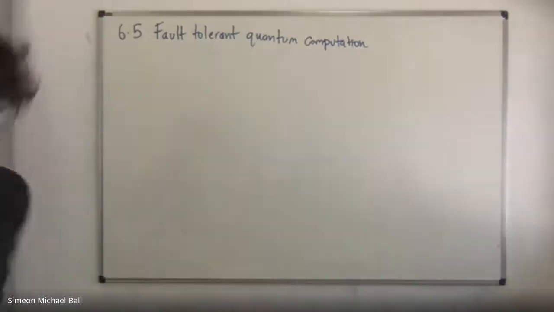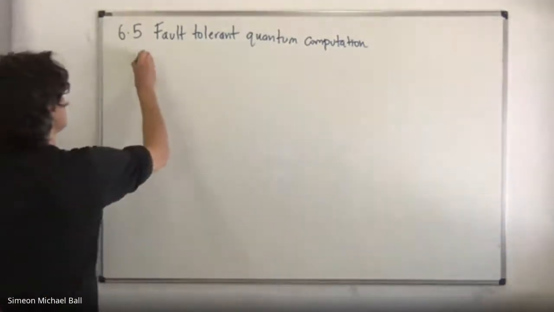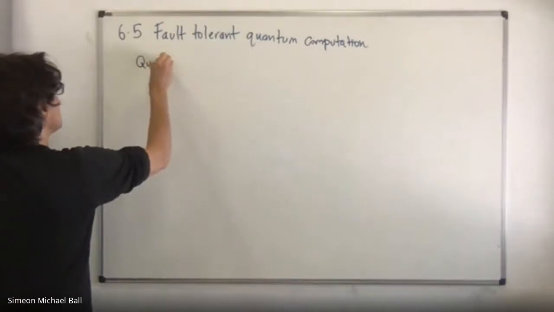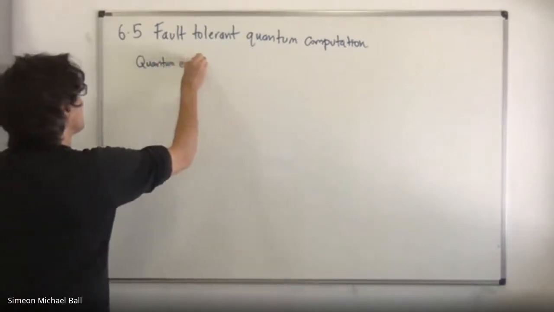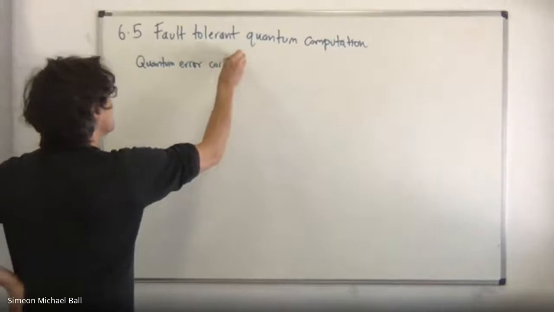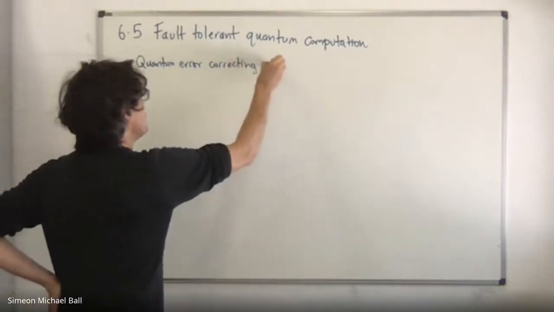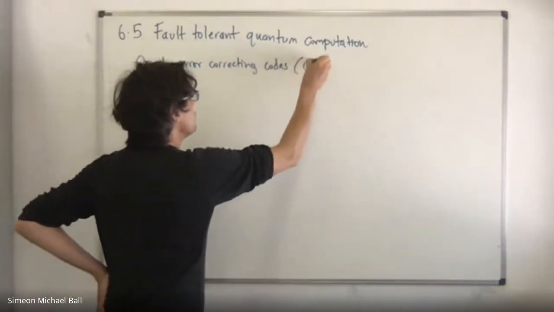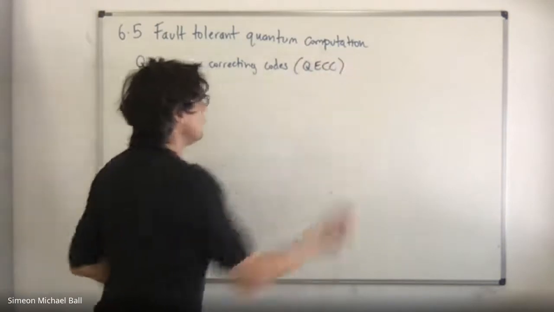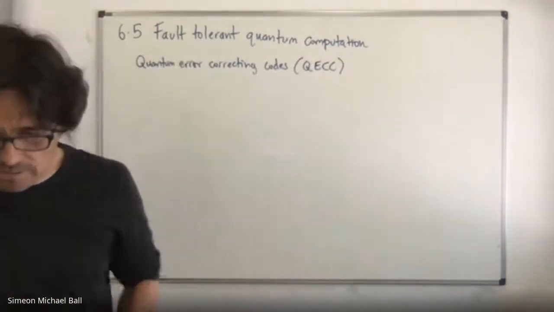So as we've seen, our quantum error correcting codes, from now on, if I ever write this again, I should write QECC, because it takes some time to write.